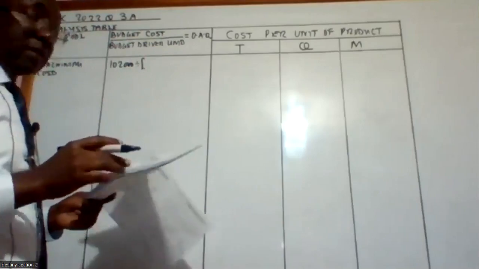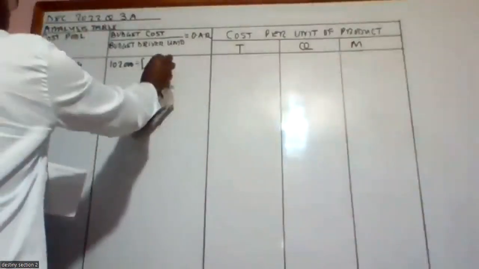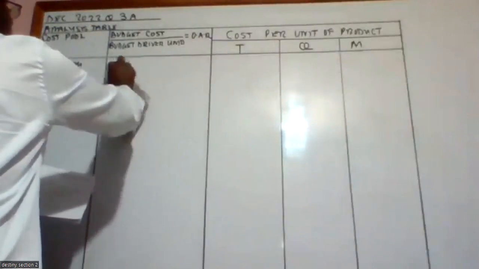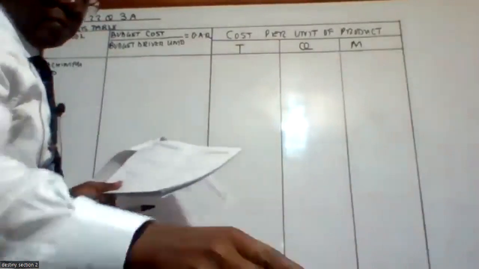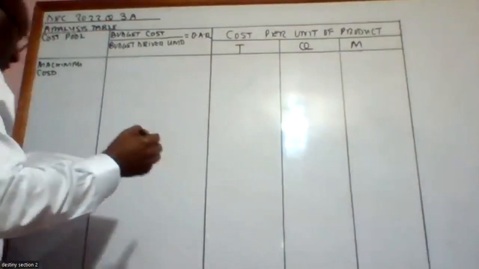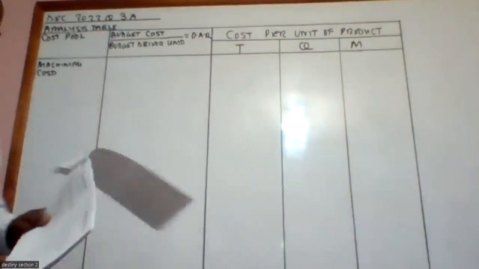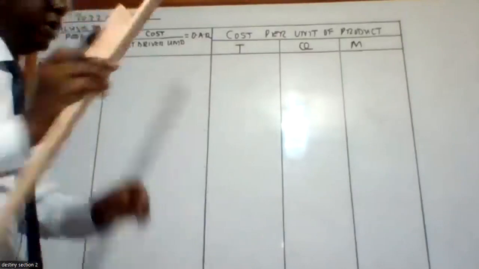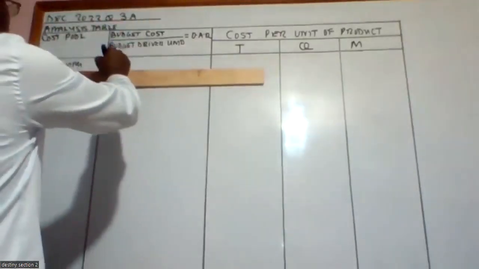Let me use everything in thousands so that our workings are not congested, because the answer will be the same.